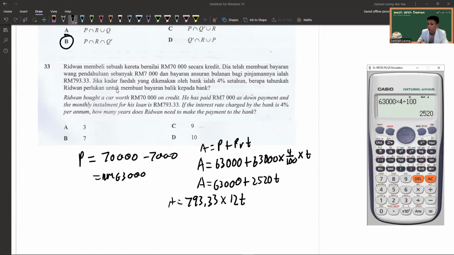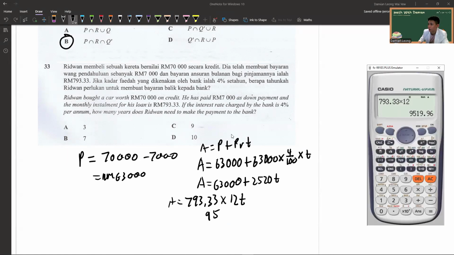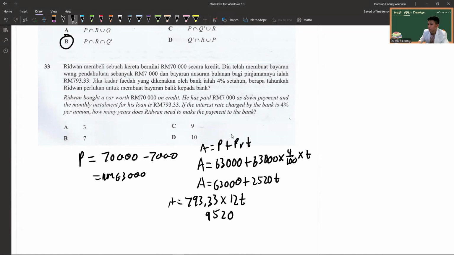So 793.33 times 12 is 9519.96, basically 9520. So it should be the same amount, the total amount that he pays and the total amount that he needs to pay.